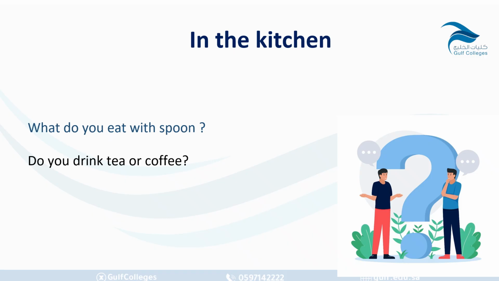Let me ask you some questions. What do you eat with a spoon? The answer will be, I eat rice with a spoon. The second question, do you drink tea or coffee? The answer will be, I drink coffee.